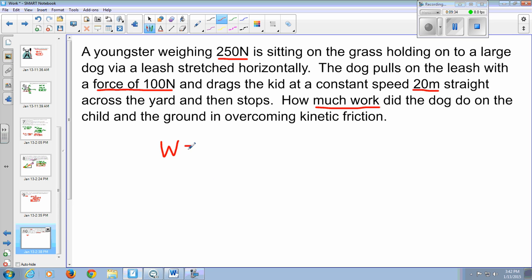Well, immediately people will say, my work in overcoming friction formula is work equals mu k times force normal times the displacement, completely forgetting where this actually comes from. And where this comes from is the fact that this is the force of friction. So before you jump to that, you've got to think to yourself, they're not giving me the coefficient of kinetic friction.